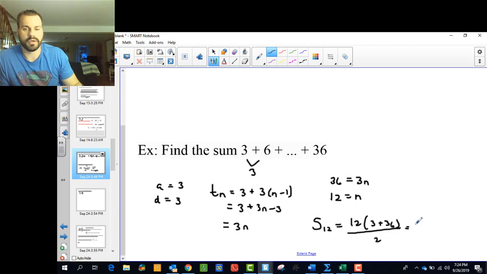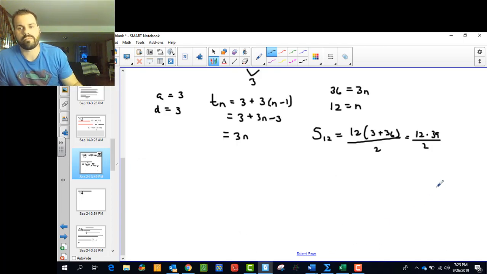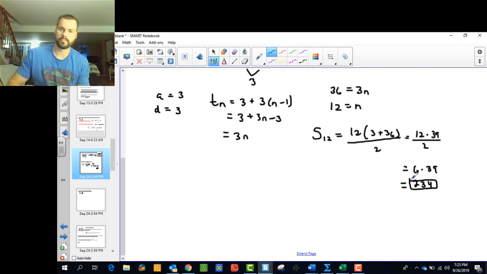So we end up with 39 times 12 divided by 2, which is the same thing as 6 times 39, which is 240 minus 6, so 234. And that's the sum of my terms.